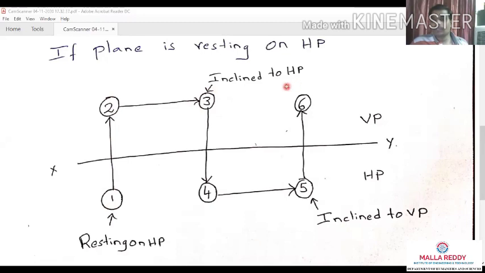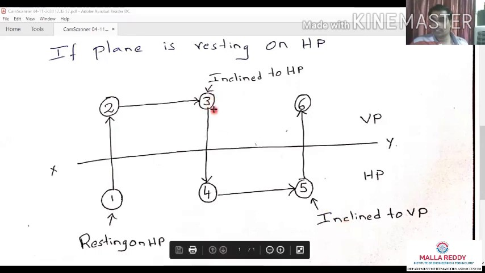So there will be two angles, as we have seen in yesterday's problem: inclined to HP and inclined to VP. The third step, we take the angle which is inclined to the horizontal plane, and the fifth step, we take the plane inclined to VP, the angle which is given inclined to VP.